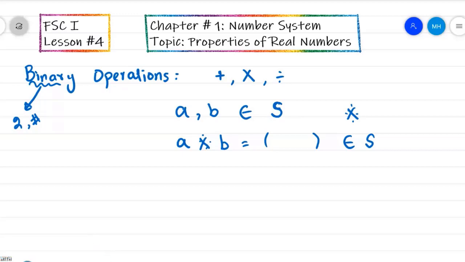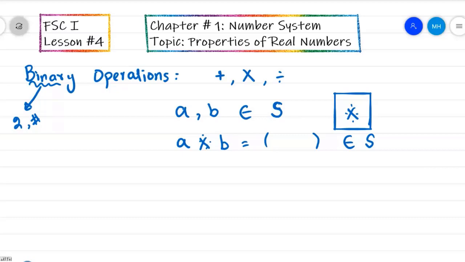Now we have some laws. I am going to explain all the laws not on a specific operation, but as a generalized operation, and you can prove the laws specifically by taking addition, multiplication, or division. It's up to you. I am going to make a general rule for you.